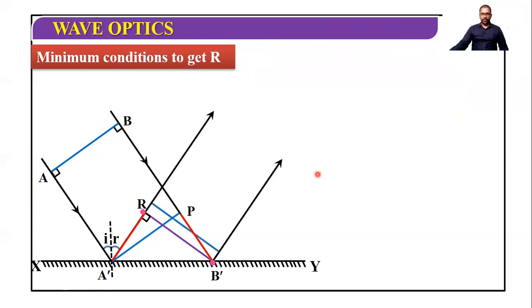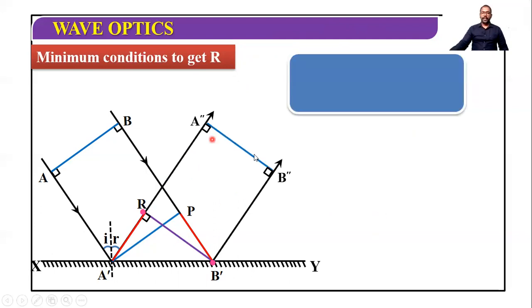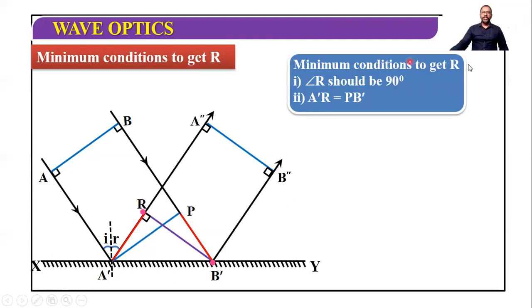And here we get a wavefront at a later instant, A double dash, B double dash. Now, the minimum condition to get this R is that this angle R should be equal to 90 degrees.